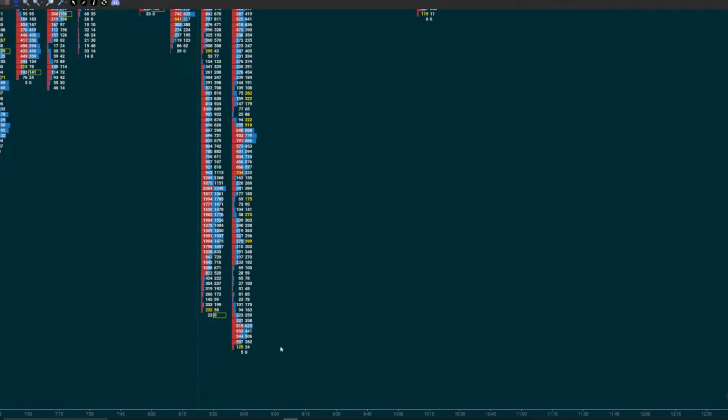So this is an island, right? Price drops down and forms a little island here of interest. Trades are fighting. This is where the real fights happen.